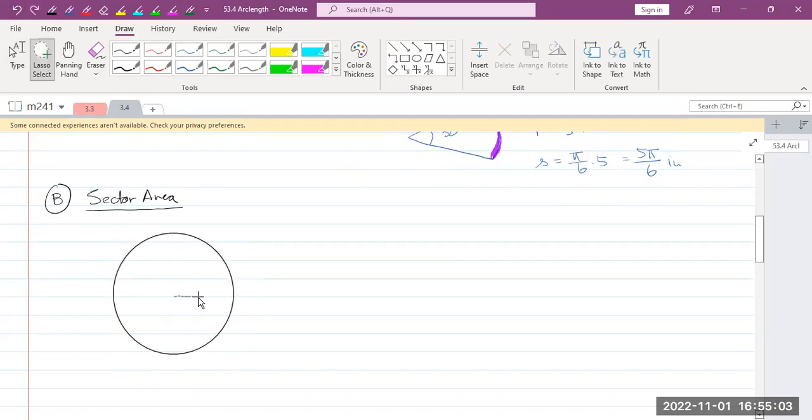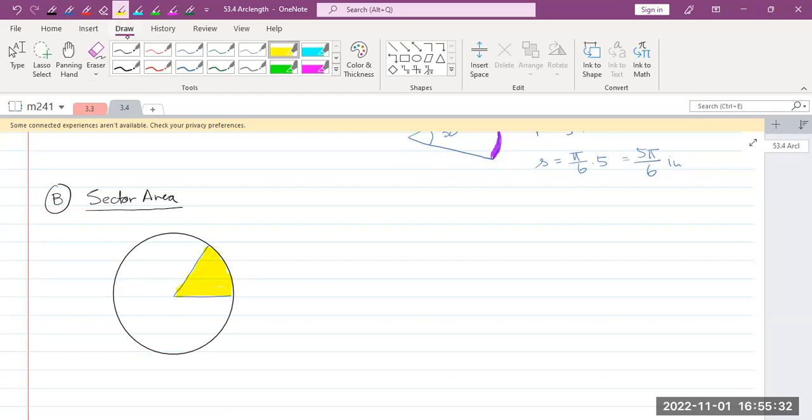Let's say this is the radius here, and you have another radius here. Now the sector is this part here. This is a sector. It looks like a pizza, of course, though if the angle is big enough, then it doesn't look like a slice of pizza anymore. The sector is a region that is almost like a triangle, not really a triangle.